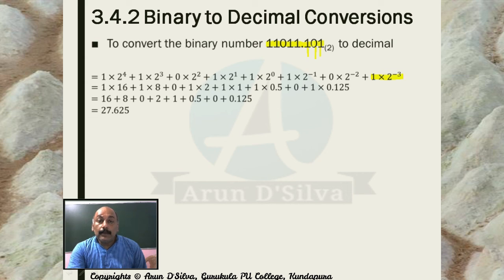Then the next bit, 0 into 2 to the power -2, plus 1 into 2 to the power -1. Then the bit before the decimal point is 1 into 2 to the power 0.